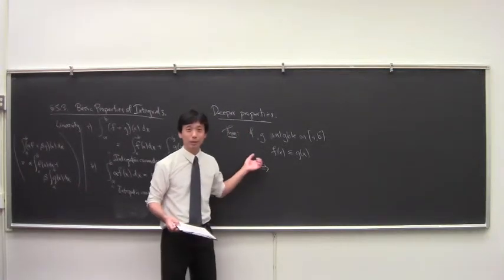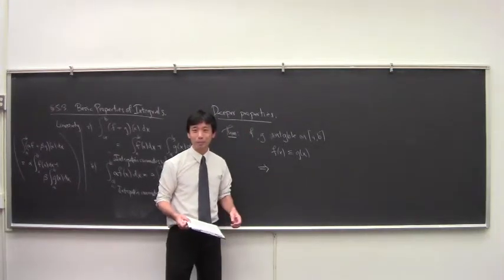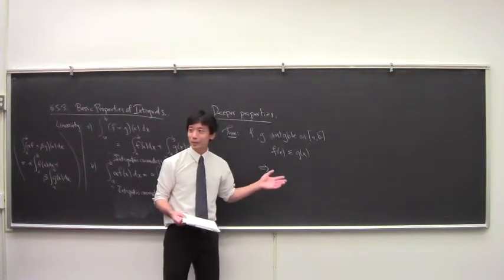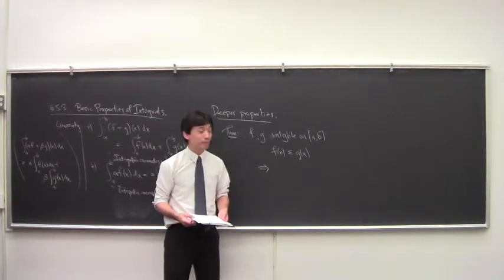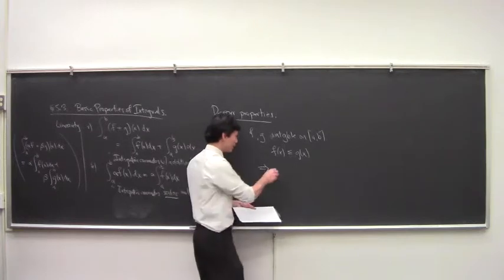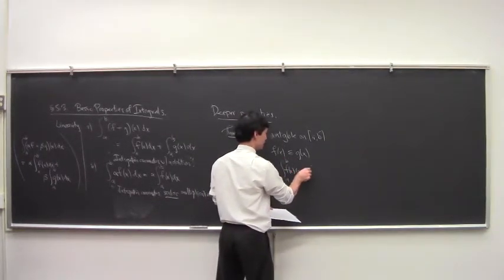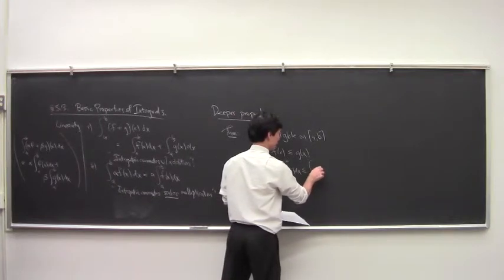What do you think you can conclude? What will be the conclusion? Sort of obviously. Elliot? Yeah, the integral of f on a to b is going to be less than or equal to the integral of g on a to b.